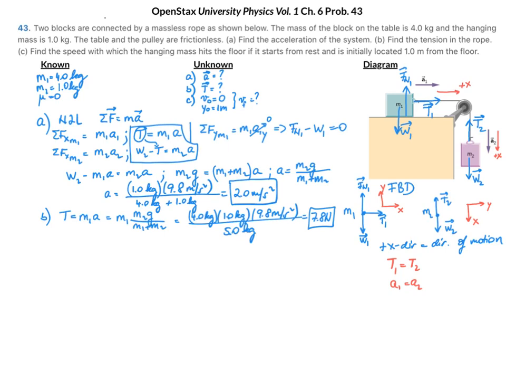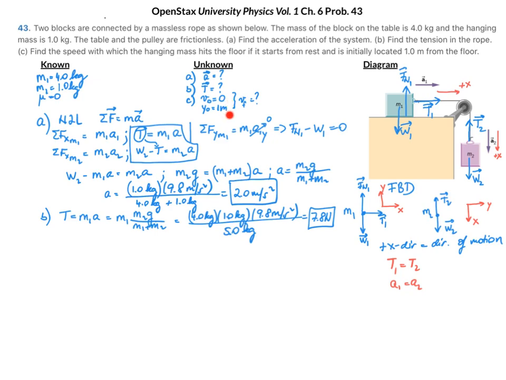All right, now part 3 is asking us for a velocity, actually for a speed. And in Newton's laws, we have nothing to do with speeds. So we have to draw back to our knowledge of kinematics to find the speed. So here we were given the initial speed of m2 was 0, it was stationary.